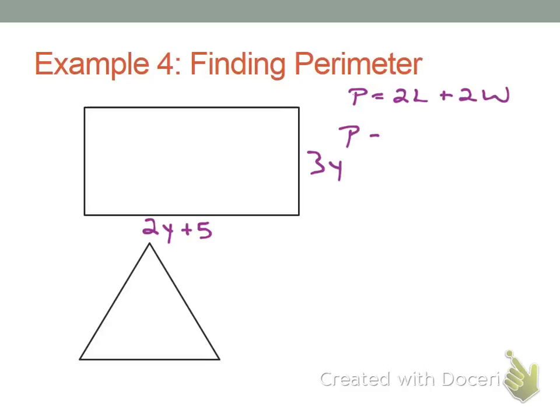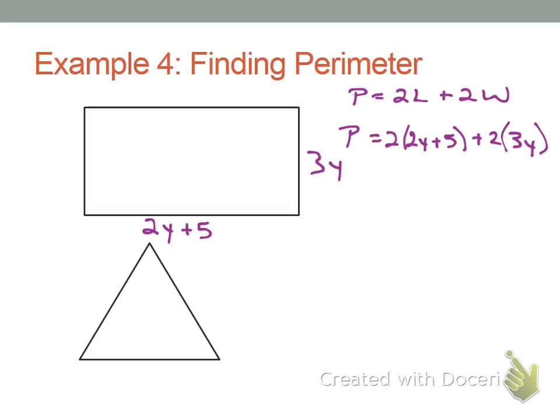So now I'm going to plug it in. P equals 2 times my length, 2y plus 5, plus 2 times the width, which my width is 3y. My length was 2y plus 5, so I multiply it by 2. And my width is 3y, so I multiply it by 2.